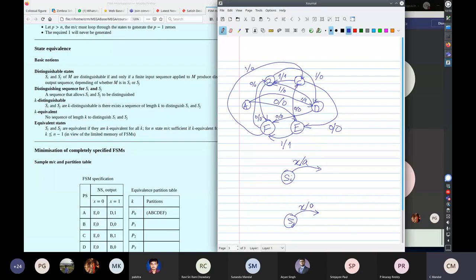But if you have the same output, immediately you can't say. But if they make a transition to some other state, let us say y, and you see.